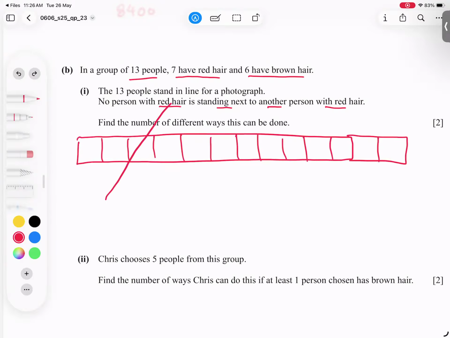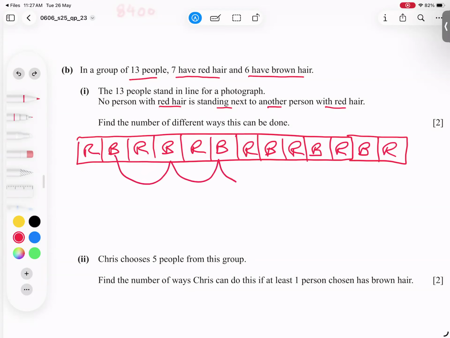Just to understand, because red has more: red and brown, red and brown, red, brown, red, brown, red, brown, red and brown, again red. Check it, 7: 1, 2, 3, 4, 5, 6, 7. Correct. And brown, check: 1, 2, 3, 4, 5, 6. Correct. Now, this situation. So my question, what is the possibility for this red?